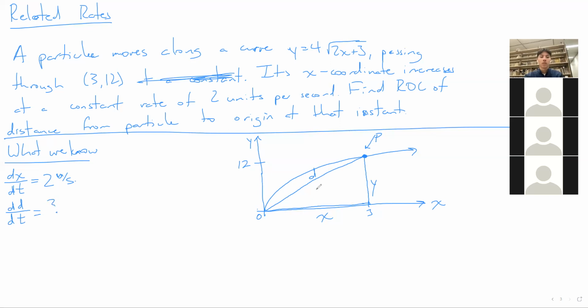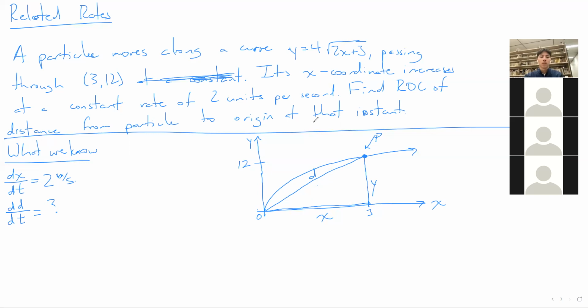Okay, so if that's the rate that I want, how can I find that? What do I need to set up to help me get there? An equation that we can then differentiate. Yep.